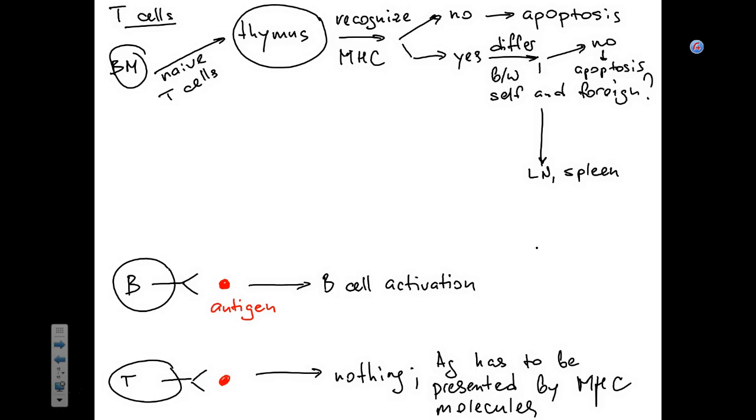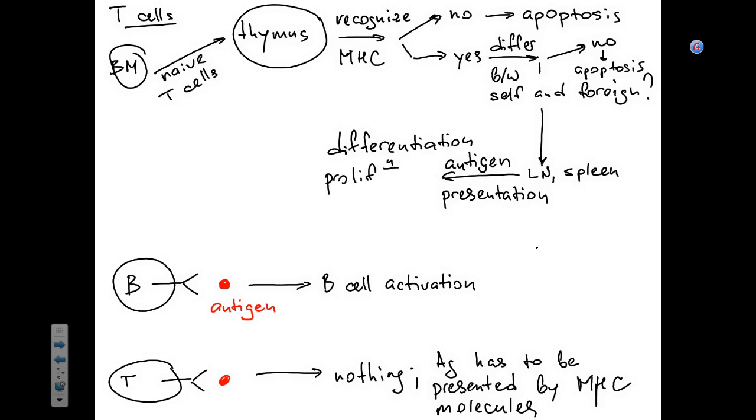Does that make sense? So eventually they get presented with an antigen, and that causes differentiation, proliferation. So they become specialized, they become more numerous.